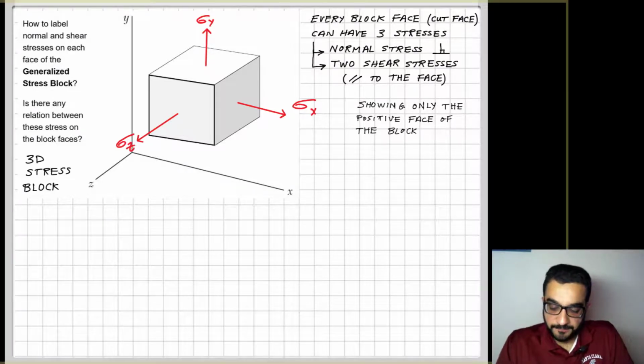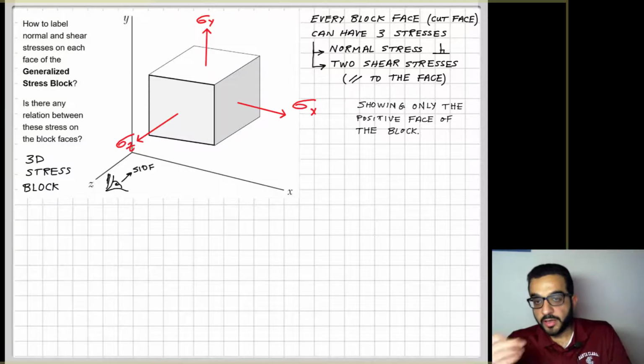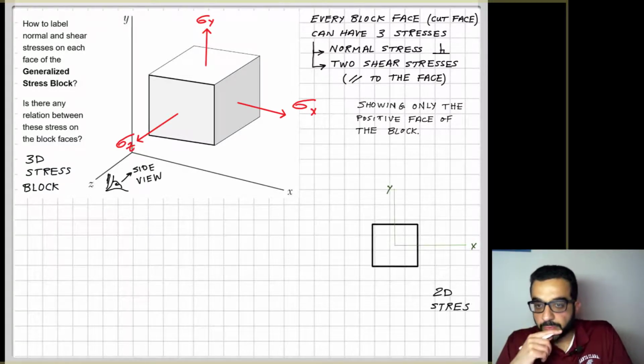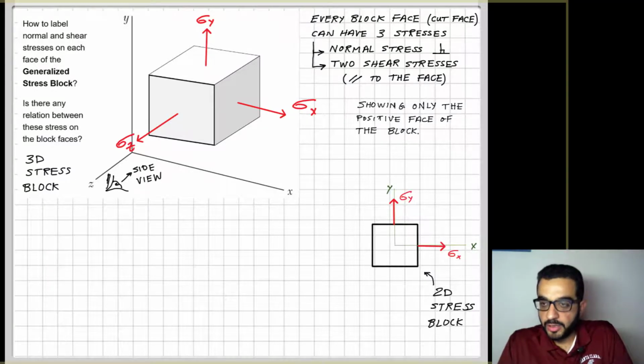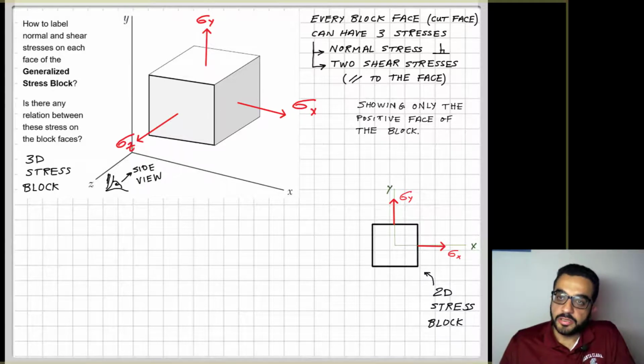To show stresses that are hidden, I can draw a side view of this block and draw a 2D block of stresses. So when I draw this, I can see here sigma x and sigma y that I drew on the faces from the 3D block. And now I have a version of the 3D as a 2D stress block.